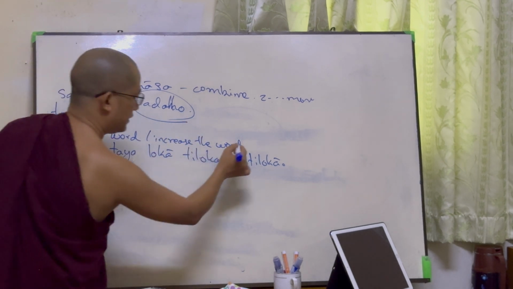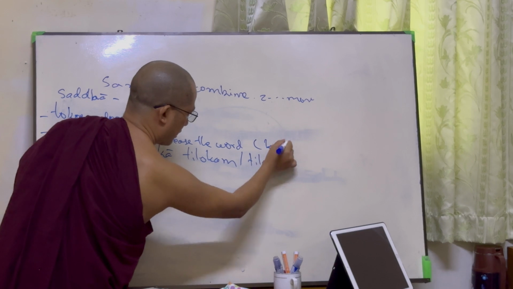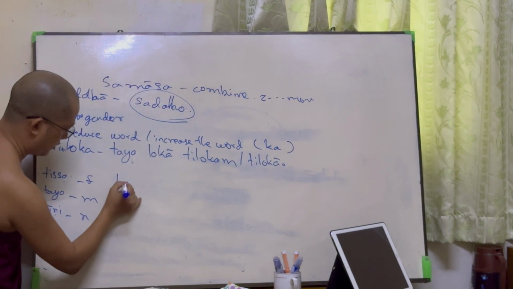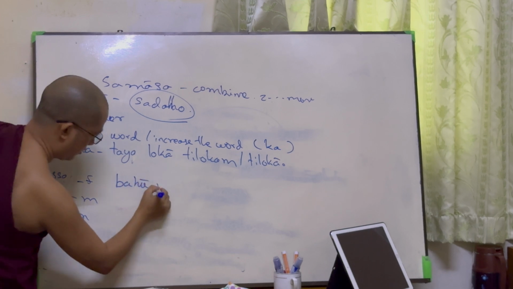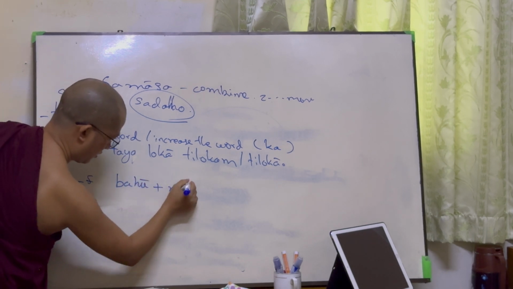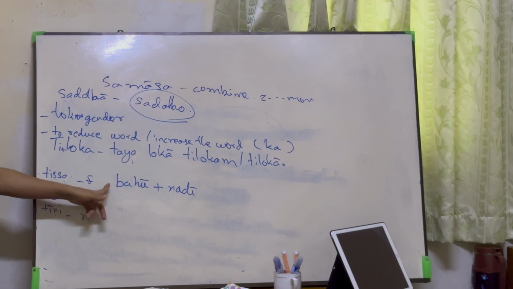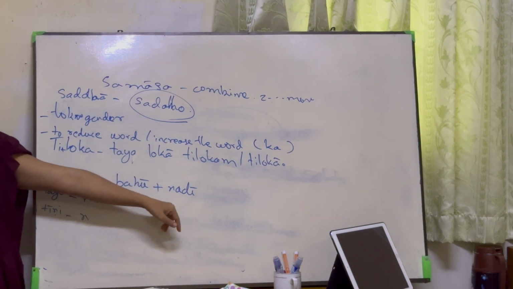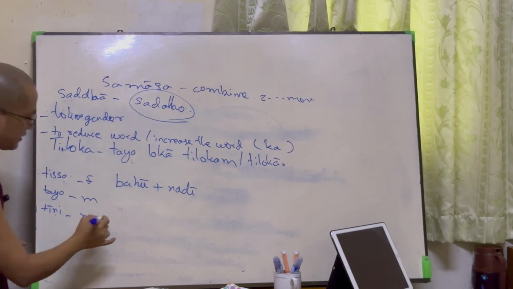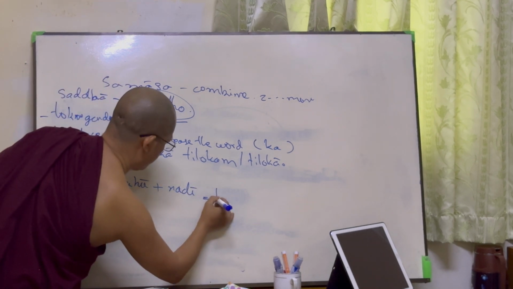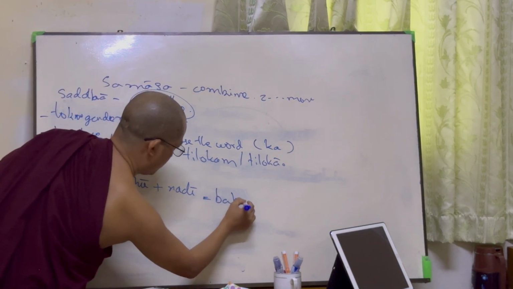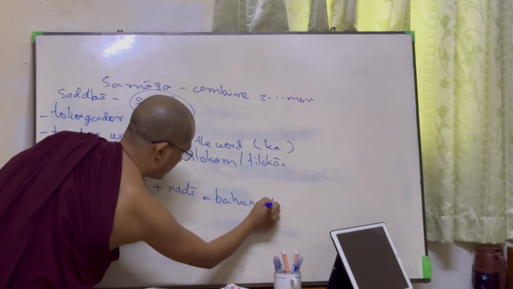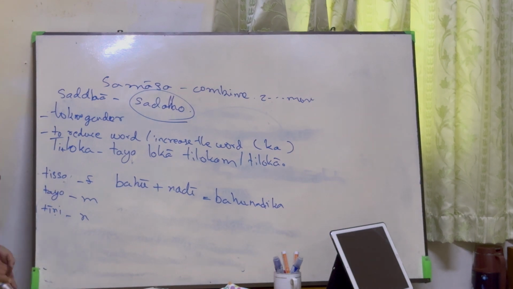Mostly the increase means the letter ka. The ka letter will appear here. Bahu plus nadi: bahu means many, nadi means river, many rivers. But when we combine them in the Samāsa, sometimes it will appear as Bahunadika. Ka automatically appears.